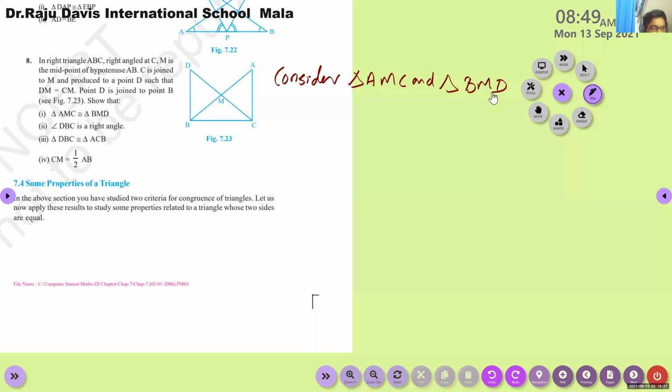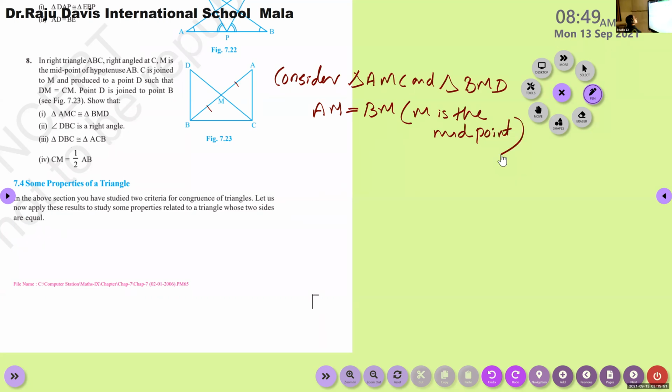Ma'am, AM equal to BM, because M is the midpoint. Okay. Then, ma'am, DM is equal to CM. It is given. Okay, good.